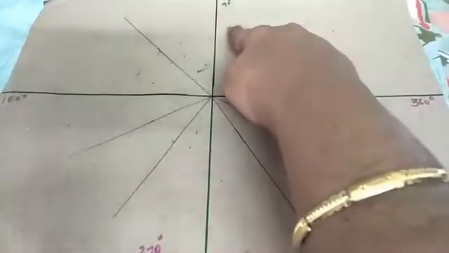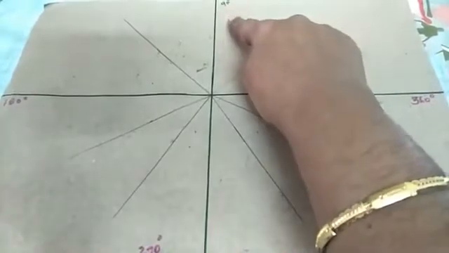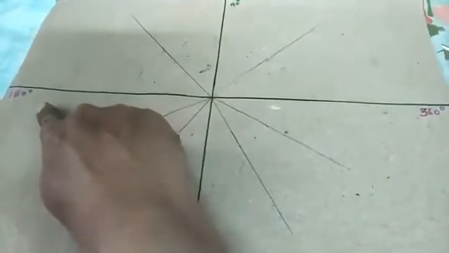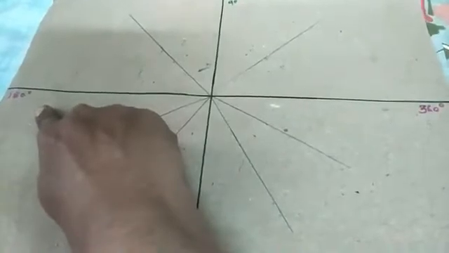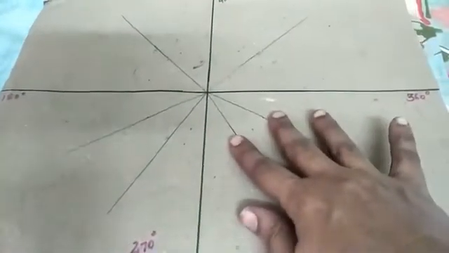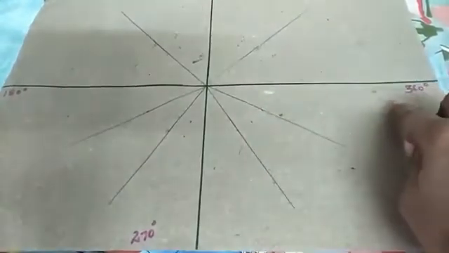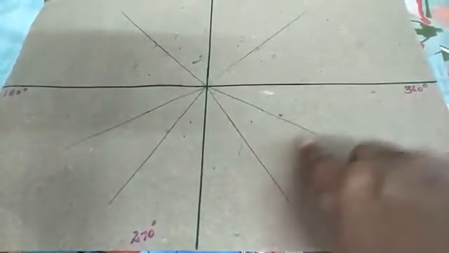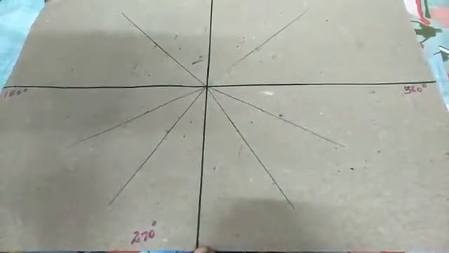So 90 degree is a right angle and 180 degree is a straight angle. Above 180 and below 360 is the reflex angle.